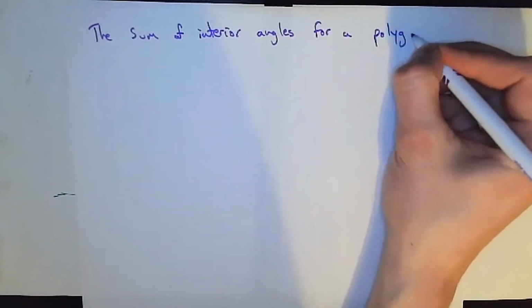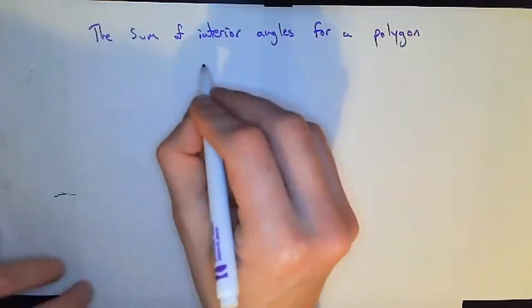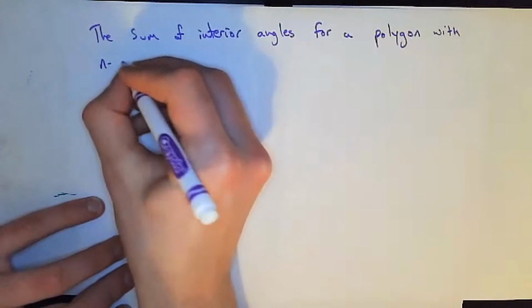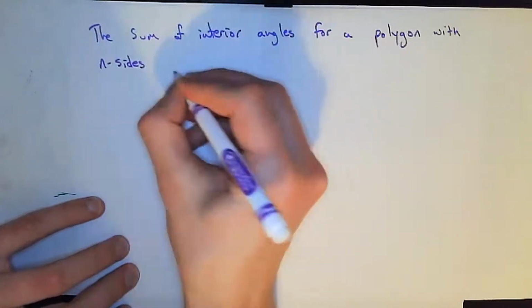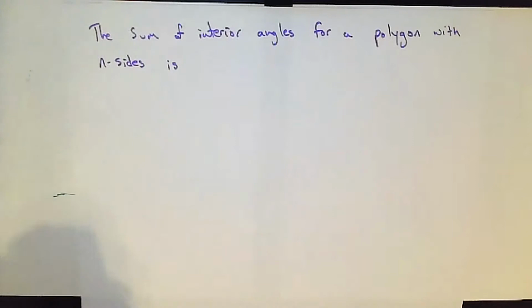It actually works for concave too, but again, we're only going to be dealing with convex. The sum of interior angles for a polygon with n sides. What do I mean by this? I'm about to show you a formula that tells you what the sum of the interior angles for a polygon is if it has n sides.